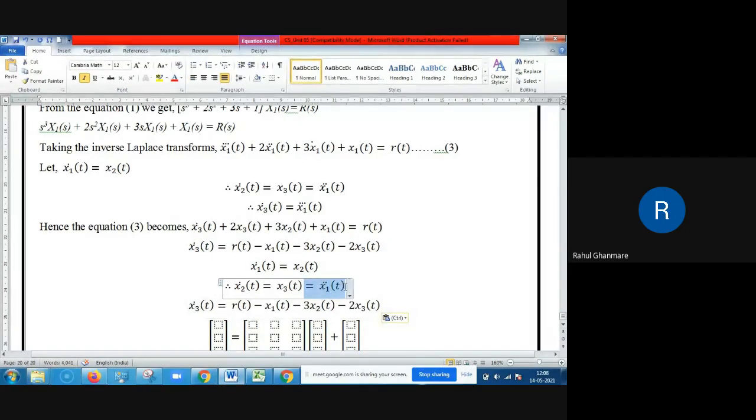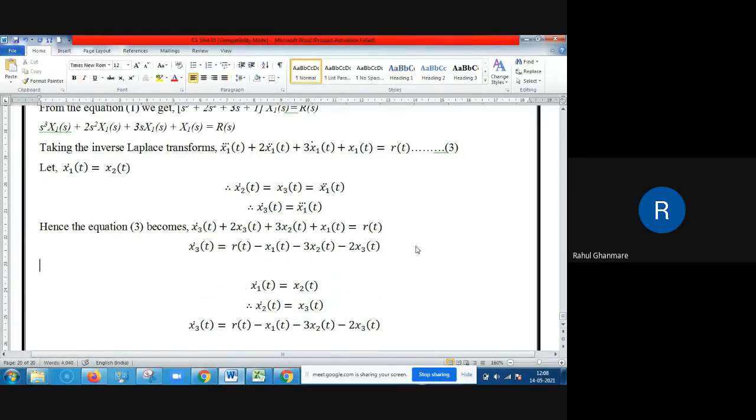We do not require this value here. We say we have obtained the set of state equations, writing them in the matrix form.